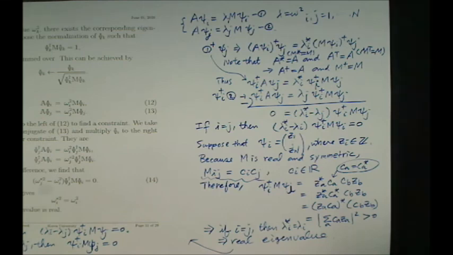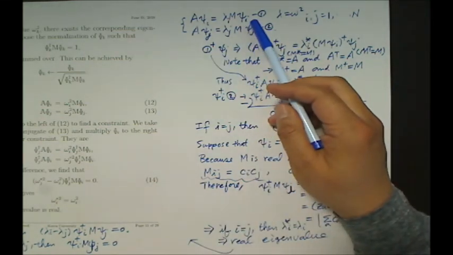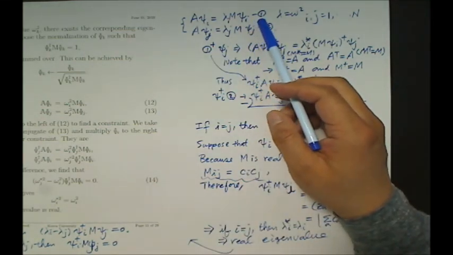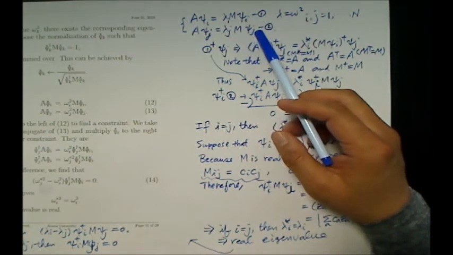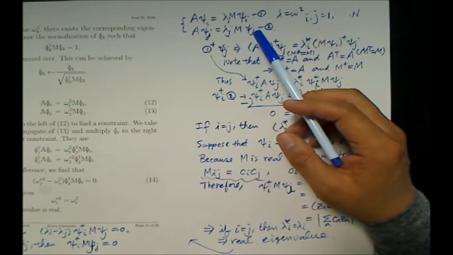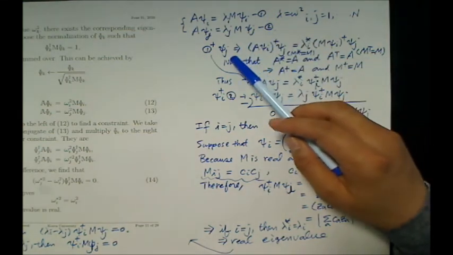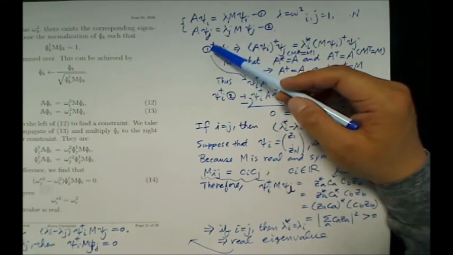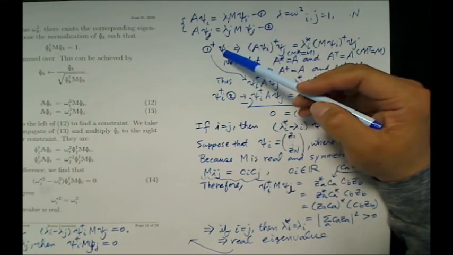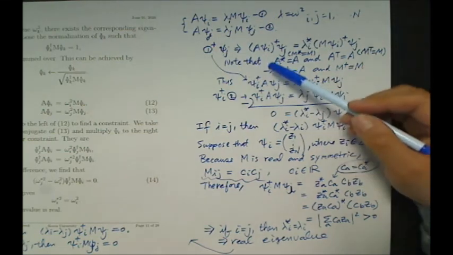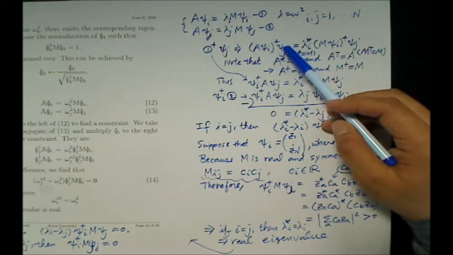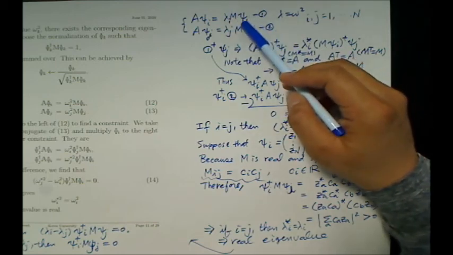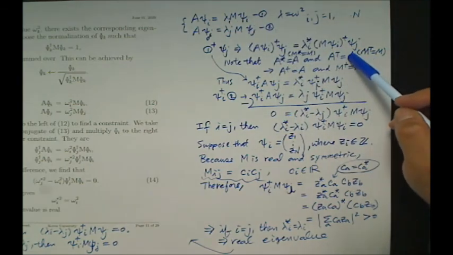For the first equation, we take the Hermitian conjugate to find this, and the Hermitian conjugate of the first equation is multiplied by psi j.